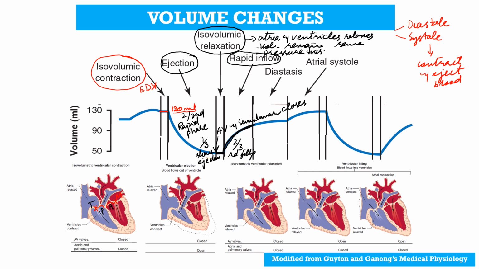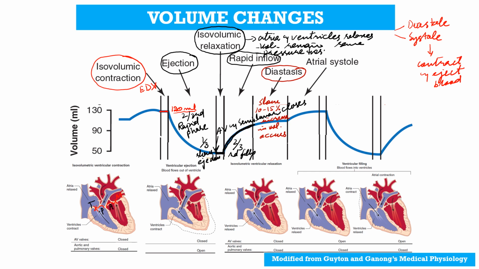Then the next stage is diastasis, in which slow filling occurs and only 10 to 15% increase in volume occurs.